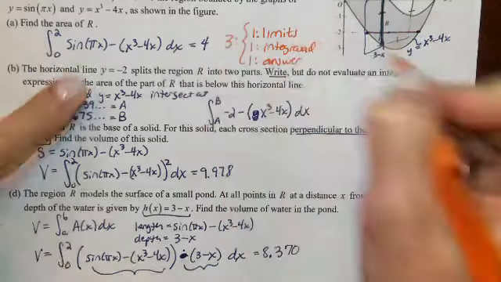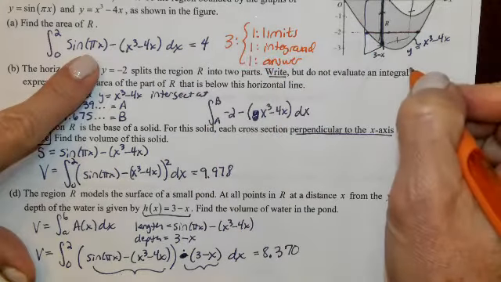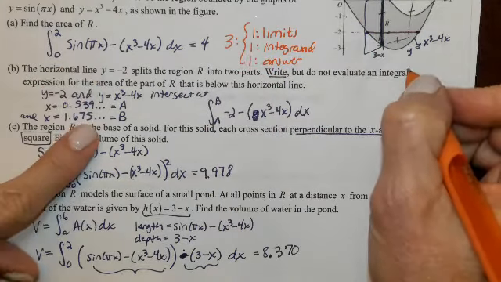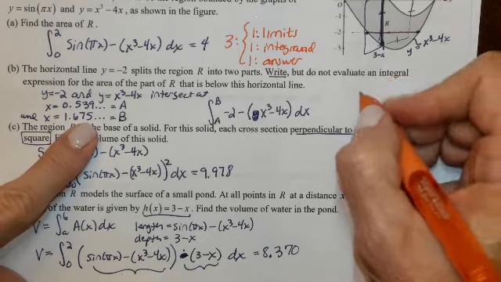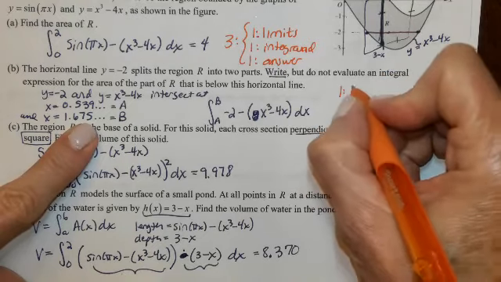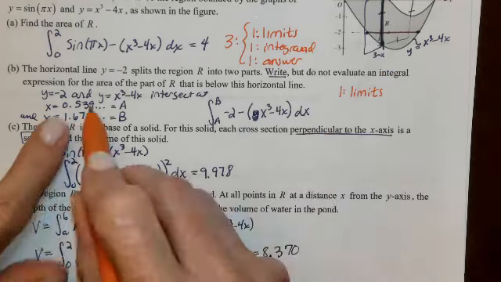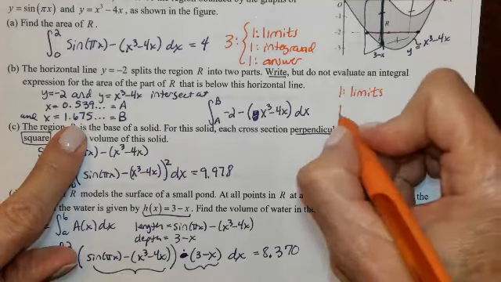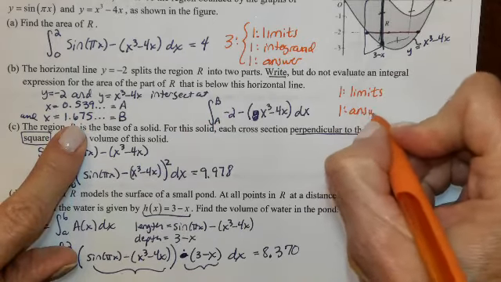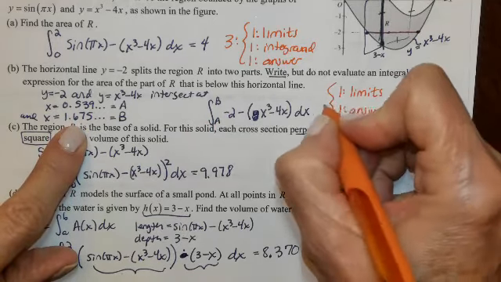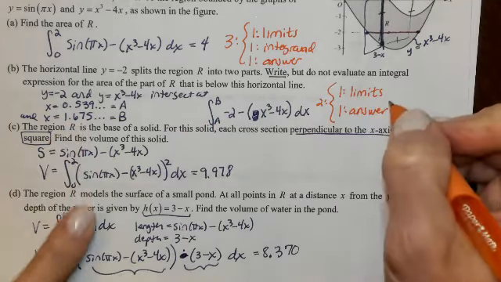So just that little area of R was worth 3 points. It's really good. Okay, in part B, they had 1 point for the limits. I understand that because we had to go find those intersection points. And then 1 point for the answer. So that was worth 2 points.